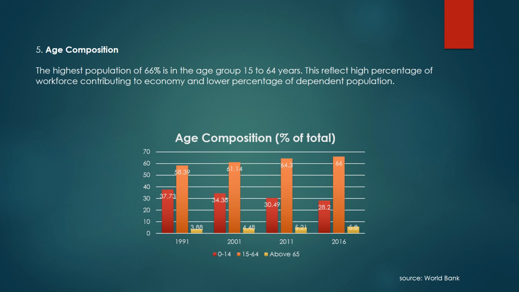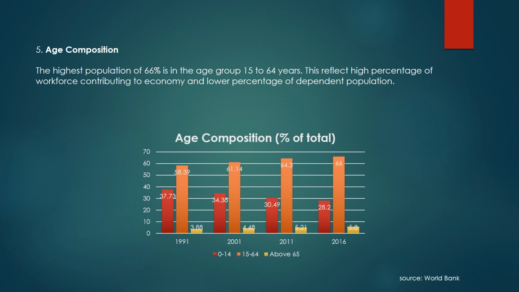Age composition. It basically refers to the age structure of the country's population. The graph clearly shows that the percentage of population in the age group of 15 to 64 years, which is also considered as the productive population or the workforce of the country, has been highest.